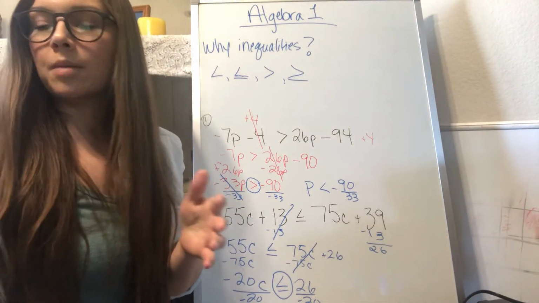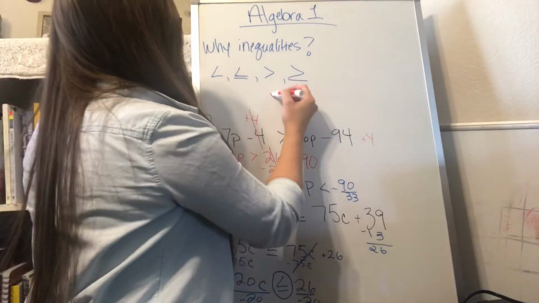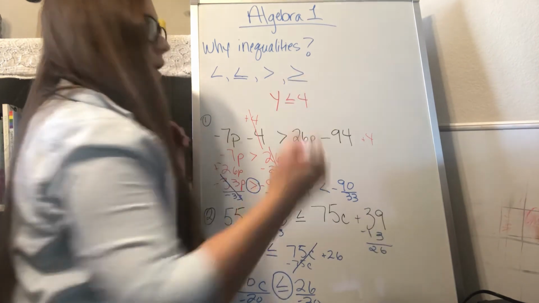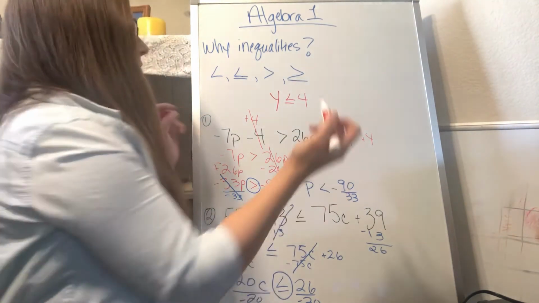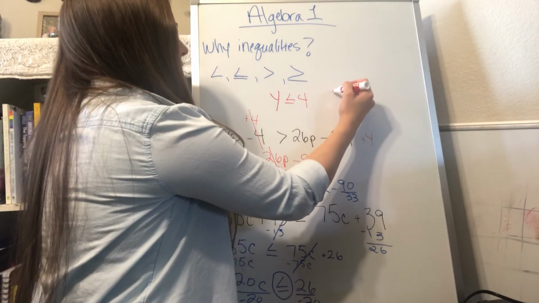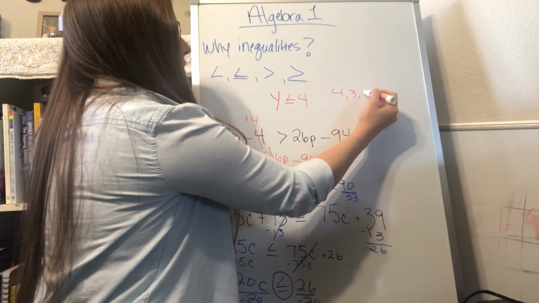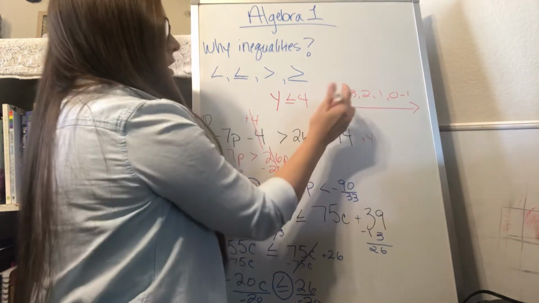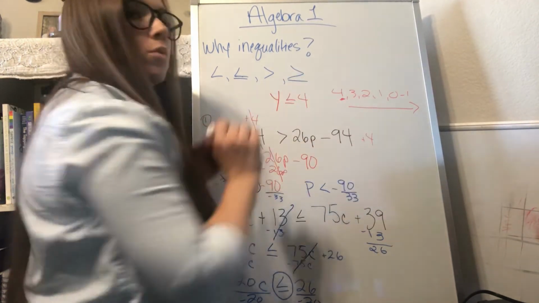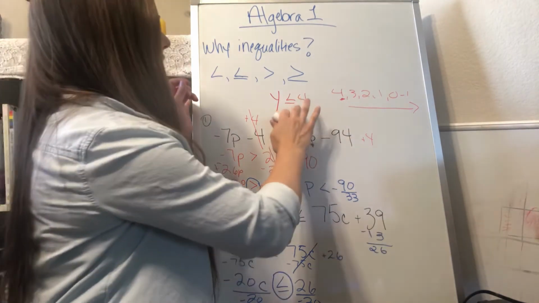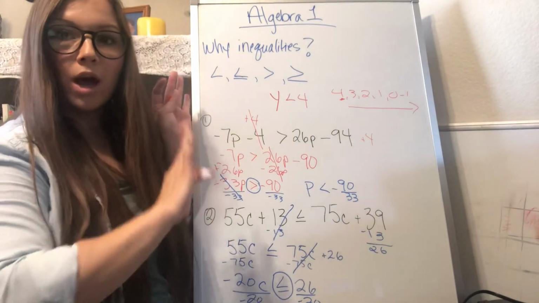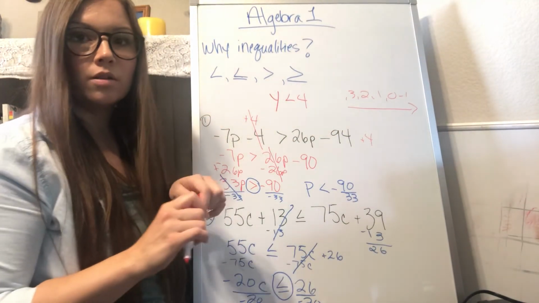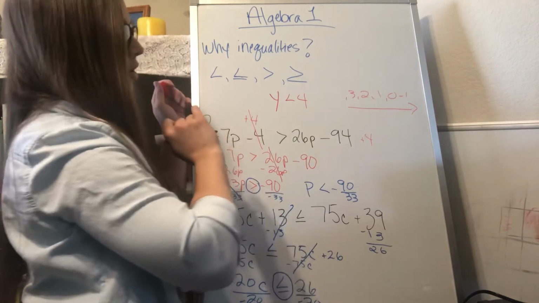So, if you see something like y is less than or equal to 4, well, that means that the answer could be 4, could be 3, could be 2, could be 1, could be 0, could be negative 1, could be any number that is less than or equal to 4. Okay? And if it didn't have that or equal to part, and it was just y is less than 4, then it couldn't be 4. It could only be all these numbers less than 4.